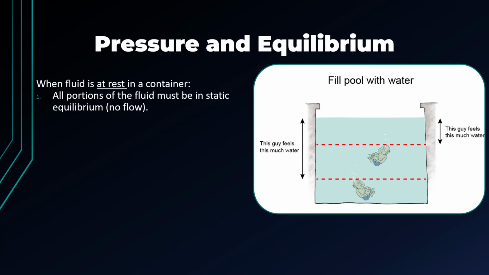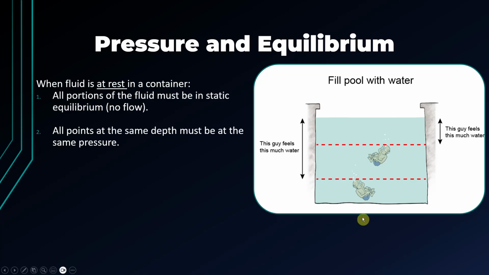So there are certain requirements for determining when a fluid is at rest in a container. Number one, probably the most obvious, all portions of the fluid must be in static equilibrium, aka no portions of the fluid can be flowing. Two, all points at the same depth must have the same pressure, meaning this little guy is in the pool.